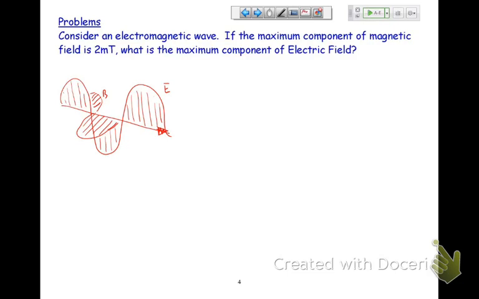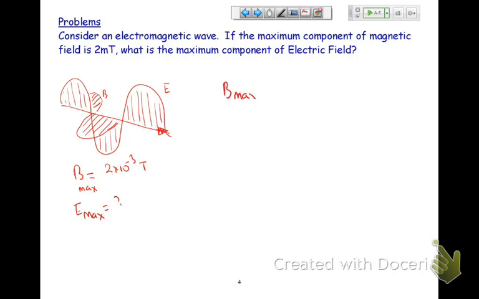Anyway, what do we know about this? We know that the magnetic field max, B max, is equal to 2 times 10 to the minus 3 Tesla, and E max is what I want. What's the relationship? We go alphabetically.